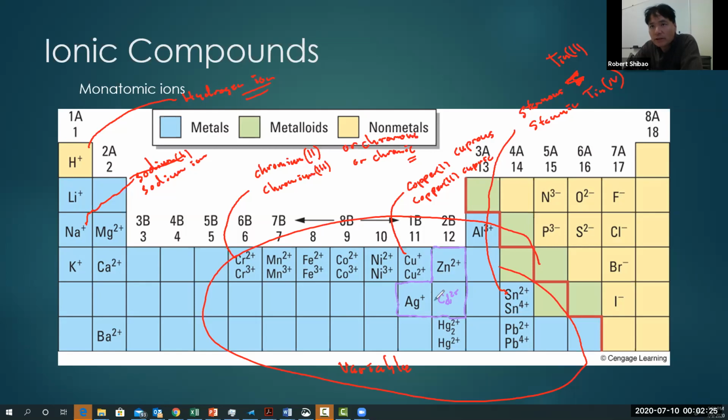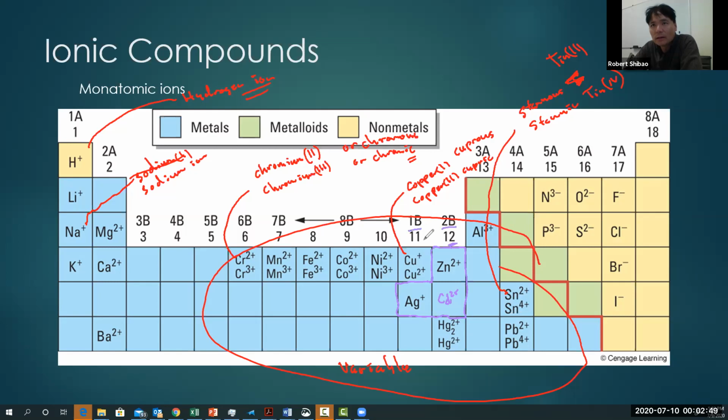These 3 are fixed charged. And so, for example, silver, we would name silver ion. We'd never say silver Roman numeral 1. Cadmium ions are always +2, and zinc ions always +2. And so there's a little island here of fixed charge, +2, this 12, or 2B.